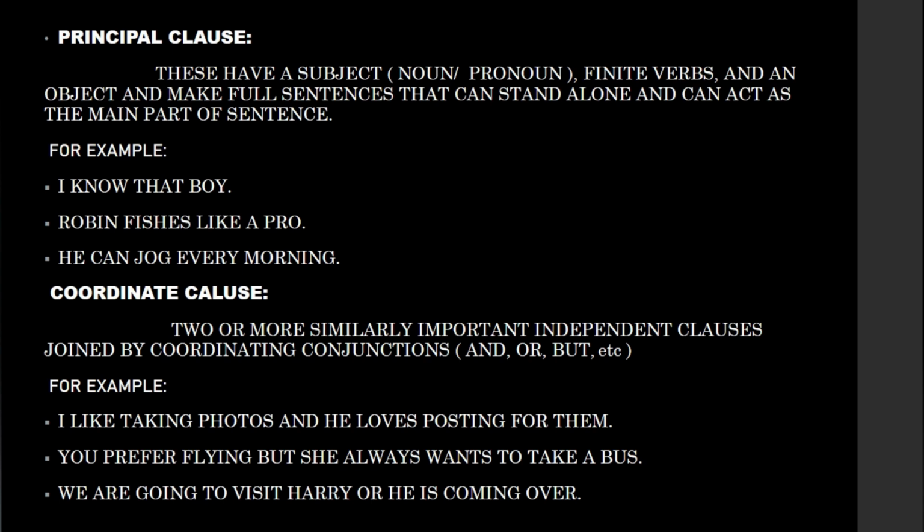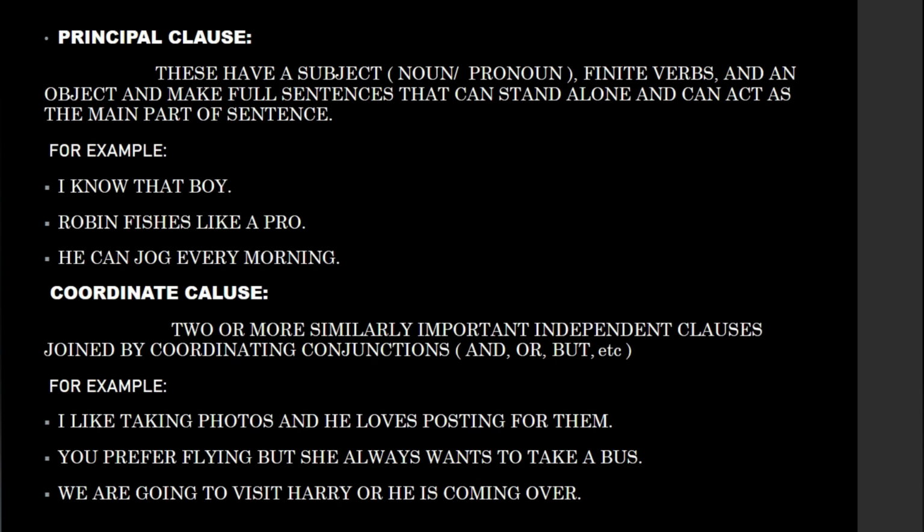What are finite verbs? The actual verbs are called finite verbs, and an object. So now what is an object? Object is something towards which a thought or feeling or action is directed, and it makes a complete sense. It can stand alone in a sentence. It is a part of any sentence, but it can stand alone and can give us a meaningful sense.